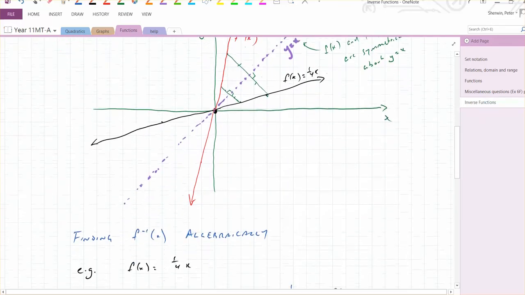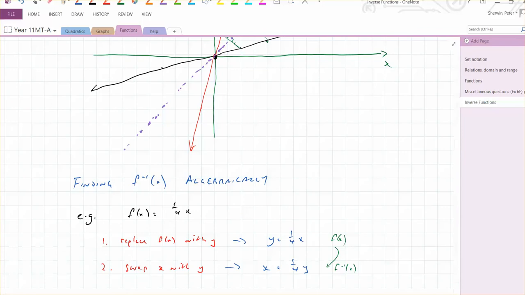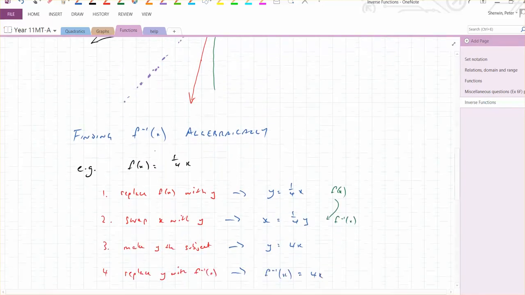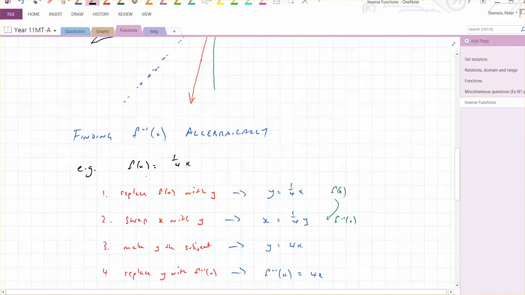But we might algebraically need to be able to find inverse functions, so we'll go through those steps now using the example f of x equals a quarter x, or sometimes it might look like y equals a quarter x. If it doesn't, make it y equals a quarter x. So the first step is to replace your f of x notation with y equals. Then the second step's the important one, switching x and y around.